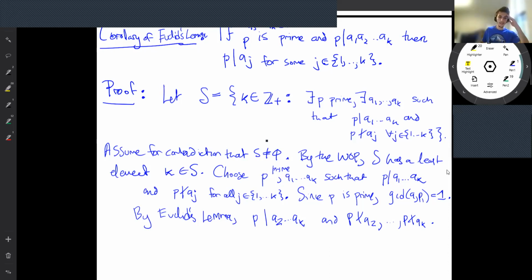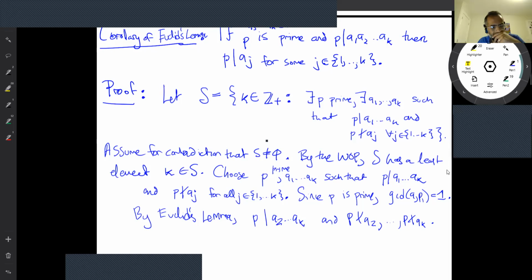Because it's a string that's shorter than our original string. Yeah, exactly. This is now a counterexample with K minus 1 terms. That contradicts the minimality of S, because K minus 1 is an element of S, which is a contradiction.